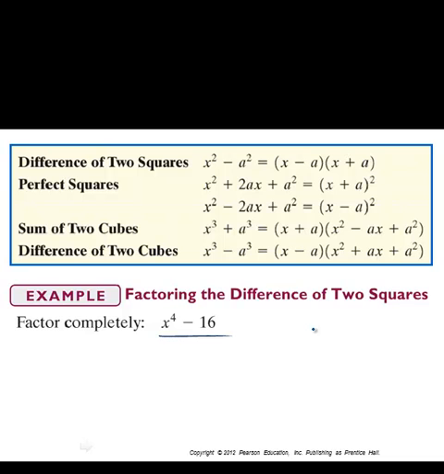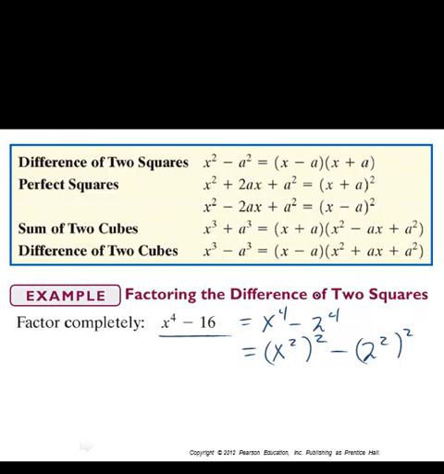Now here we have x to the 4th minus 16. Well, the 16 is 2 to the 4th, but we don't see a little formula for how to factor the difference of 4th powers. But what we can do is recognize this as a difference of squares, the squares being x squared squared minus 2 squared squared.